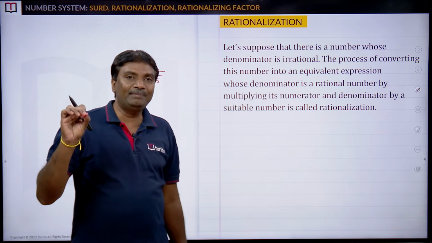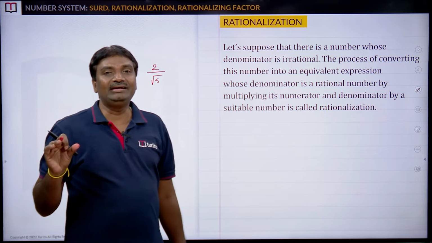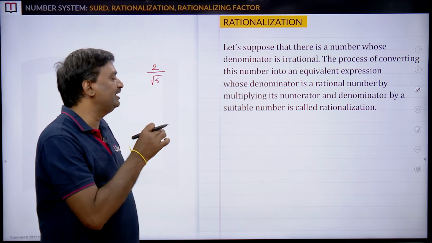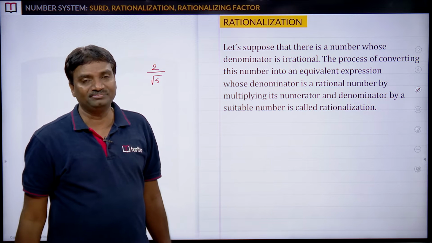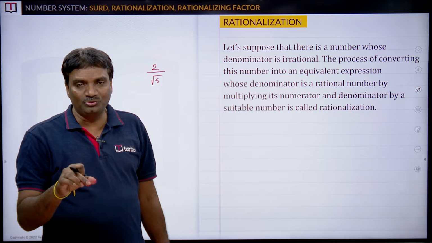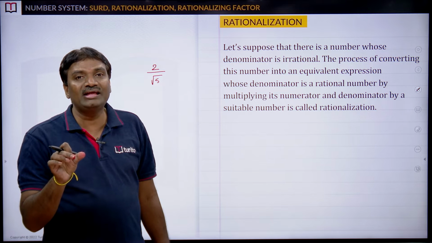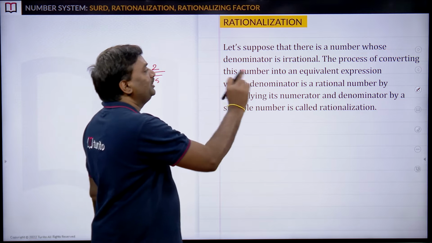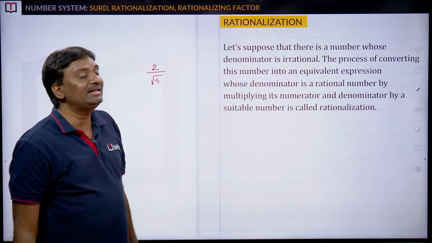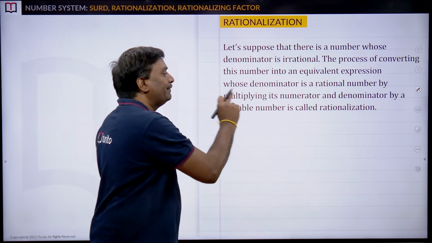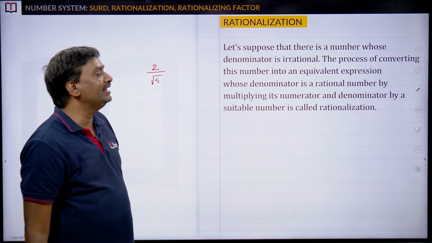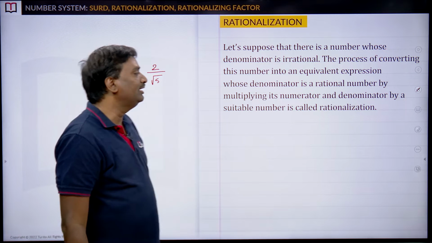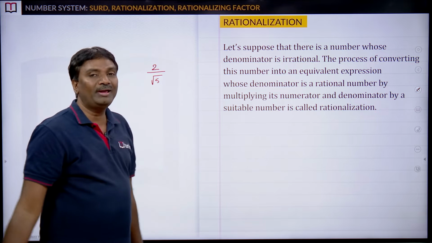You may multiply by any number, but the condition is you must multiply the numerator and denominator by the same number, and after multiplying the denominator must be a rational number. An equivalent expression whose denominator is rational, obtained by multiplying numerator and denominator by a suitable number, is called rationalization. Here 2 by root 5 is there.